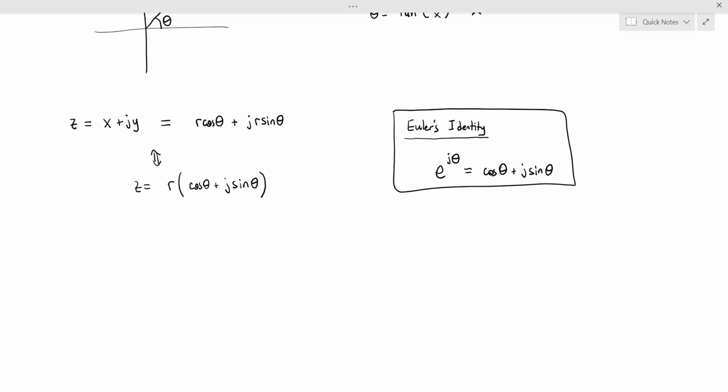Then we can further rewrite what we have here one more time as z equals r times e to the j theta, since by Euler's identity, everything in this parentheses is equal to e to the j theta. This gives us another way of writing out a complex number in terms of polar coordinates, using Euler's identity.